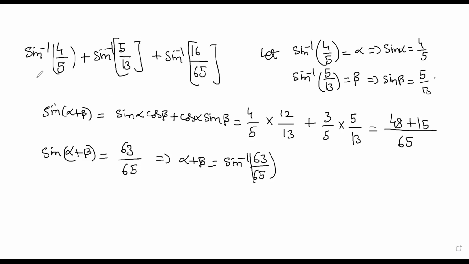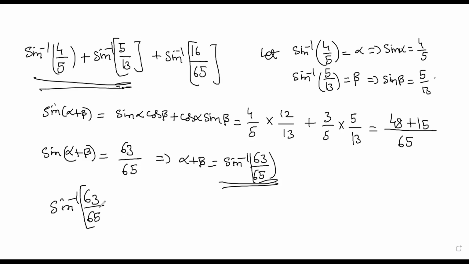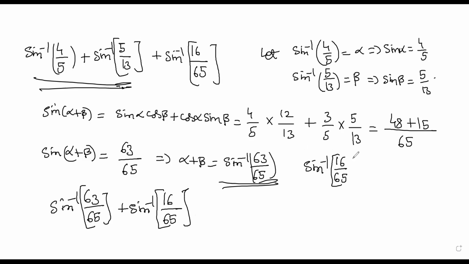So the sum of the first two angles is sine inverse of 63 by 65. Your problem reduces to sine inverse of 63 by 65 plus sine inverse of 16 by 65. This problem can be solved, I'll tell you how. Let sine inverse of 16 by 65 be theta.